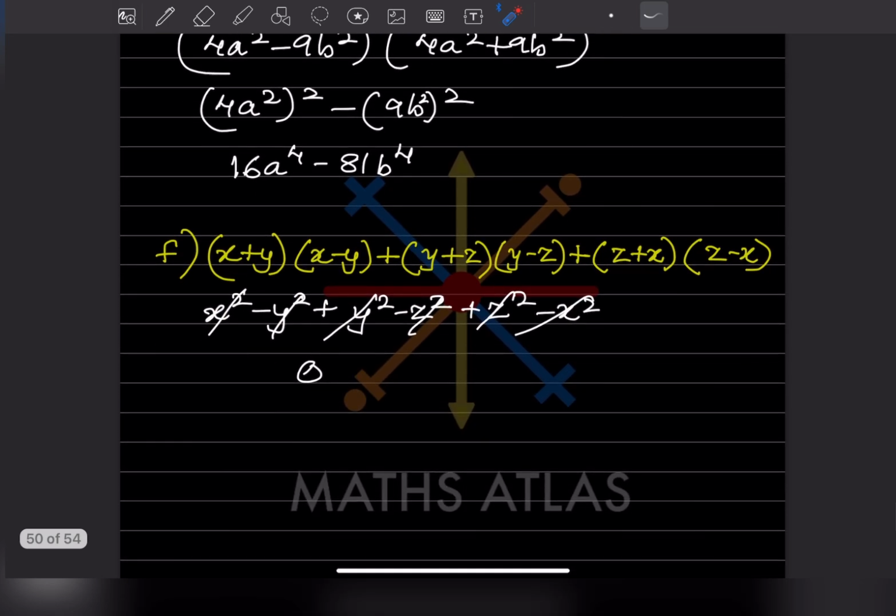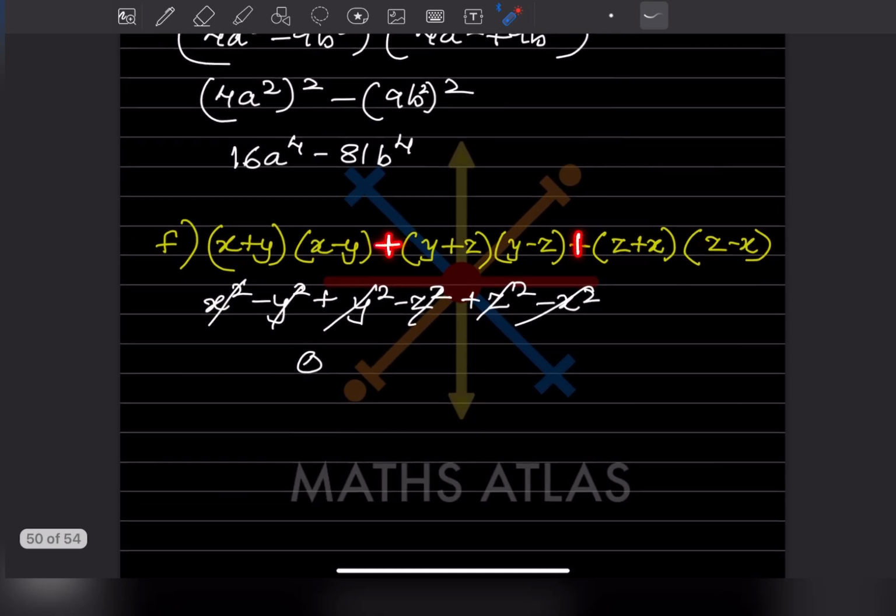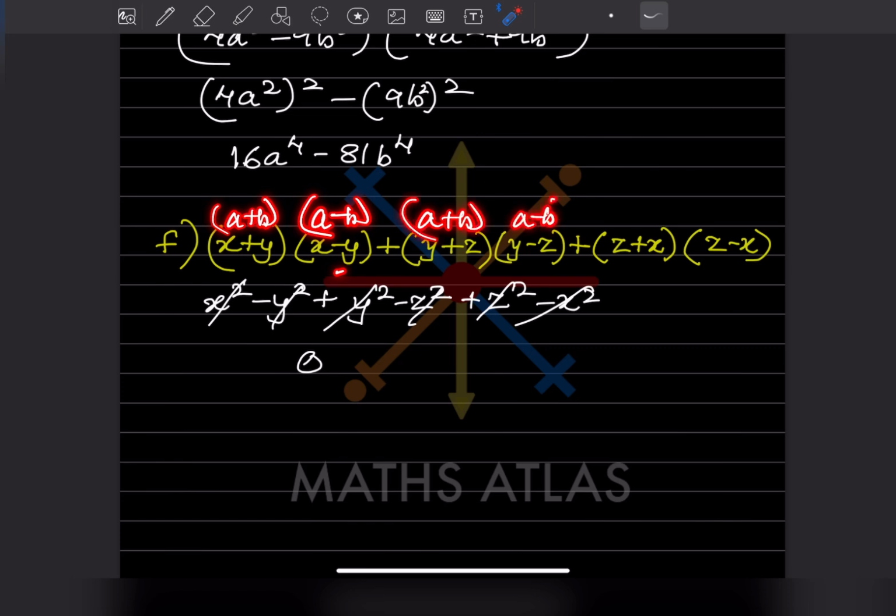Now see, again you can see here these are the plus signs, so we'll take this together, and this together. So here this will be a plus b into a minus b, so that will be a square minus b square. Again this will be a plus b into a minus b, because both are same, so that will be a square minus b square. Again these both are same, it should be a plus b and a minus b, so that will be a square minus b square.